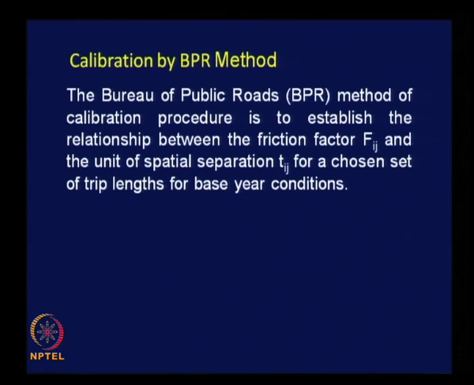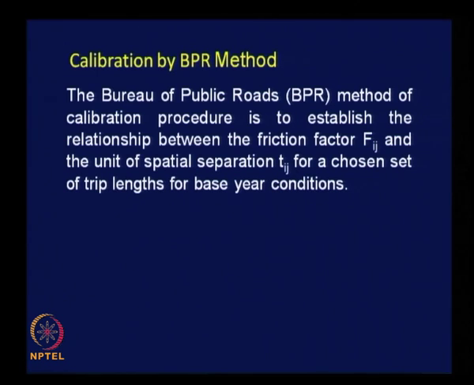The procedure aims at establishing a relationship between the friction factor Fij and the unit of spatial separation Tij for a chosen set of trip lengths. As I indicated earlier, the chosen set could be 0 to 2 kilometers, 2 to 5 kilometers, 5 to 10, 10 to 15, 15 to 20, 20 to 25 and so on.